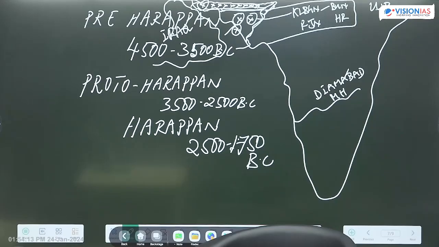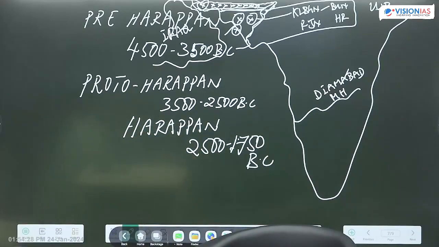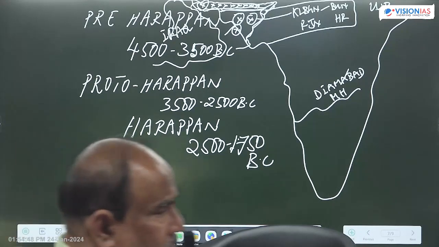Next. Other unique aspects of IVC are tremendous uniformity in town planning and the size of the bricks used.